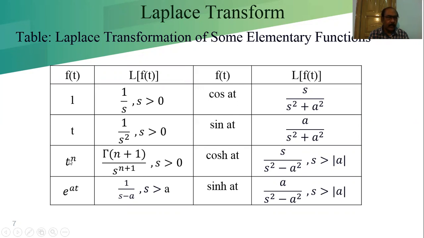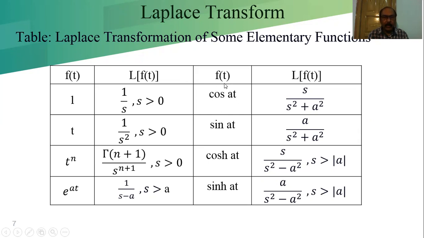When it is t to the power n, it is gamma n plus 1 by s to the power n plus 1 and s greater than 0. E to the power at, we just applied and learned this result, 1 by s minus a, s greater than a.